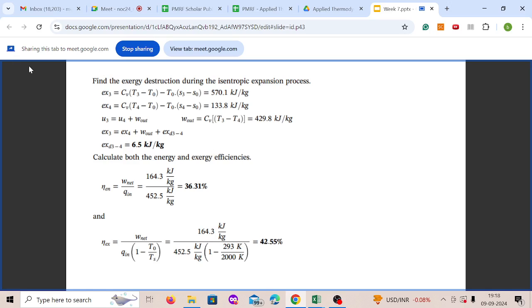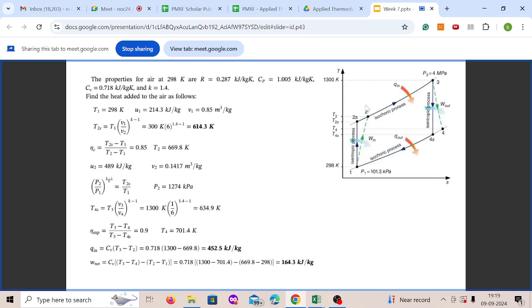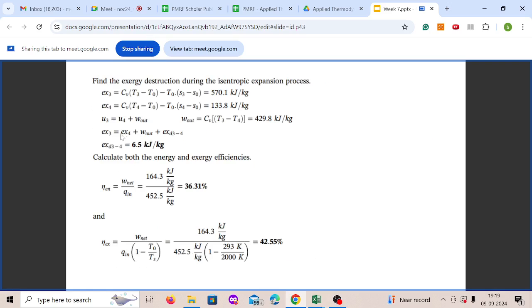So to find the exergy destruction during isentropic expansion, EX3 is nothing but CV into T3 minus T0, which is the ambient temperature, minus T0 into S3 minus S0. So this will come out to be 570.1 kilojoule per kg, and similarly EX4 is CV into T4 minus T0 minus T0 into S4 minus S0, which is 133.8 kilojoule per kg.